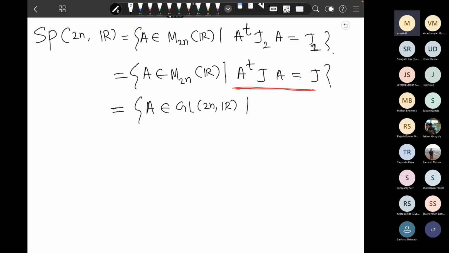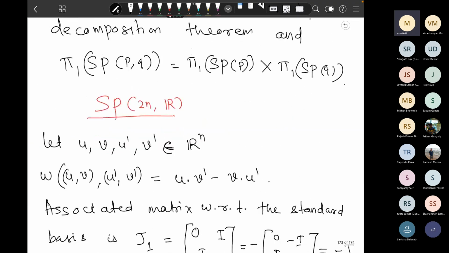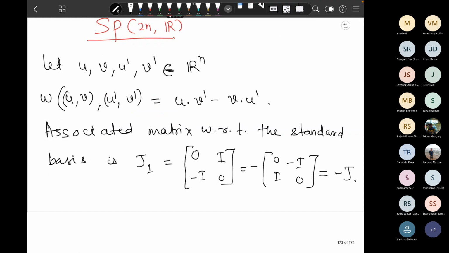so that A transpose J is equal to J. So clearly this Sp2n(R) is pseudo-algebraic, and there is one more important thing: this is actually an anti-symmetric, non-degenerate bilinear form.